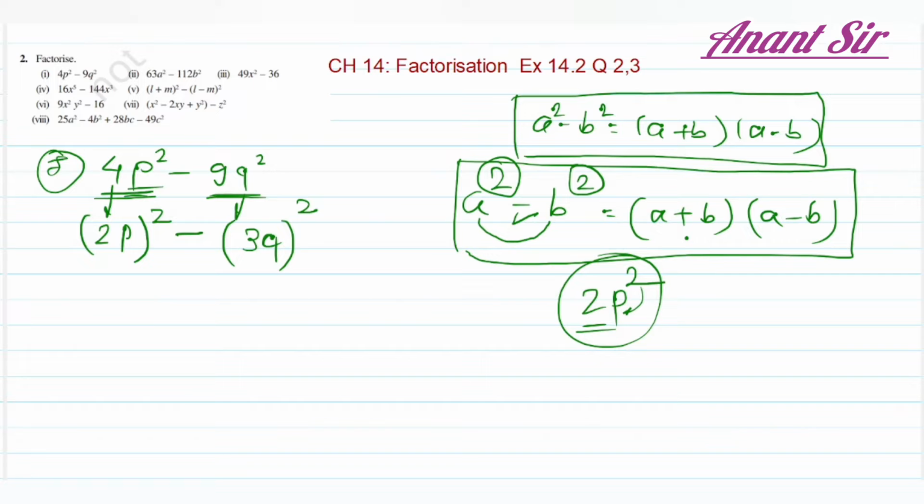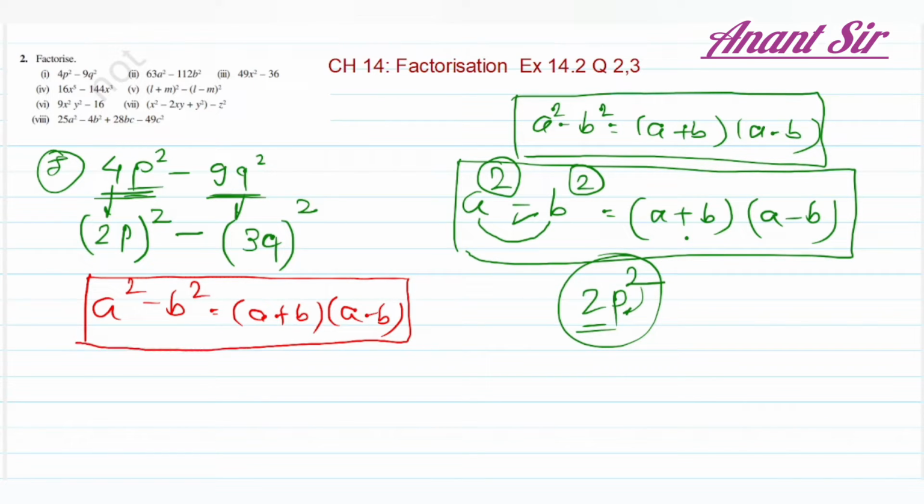Now we can use this formula, a square minus b square is equal to (a plus b)(a minus b). How to use this formula? See the squares and there is a negative sign between them.